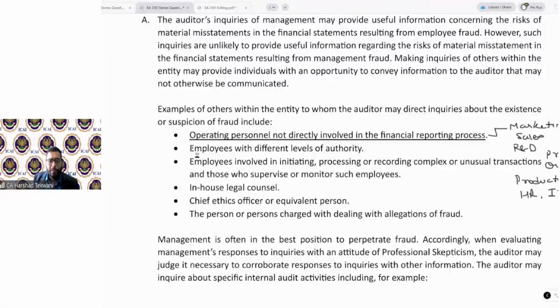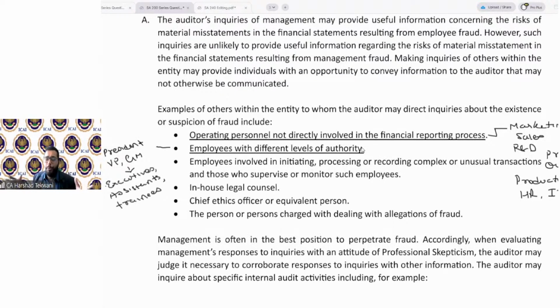Then employees with different levels of authority. For example, you may reach out to presidents, VPs, general managers. At the same time, you should reach out to executives, assistants, trainees.